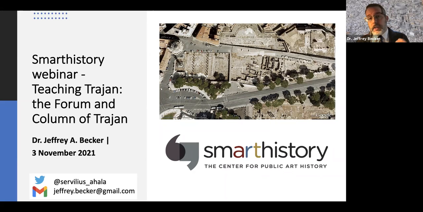And we also, especially in the case of things like the Forum and Column of Trajan, have to be cognizant of the afterlives of these objects and the parts and roles that they have played in shaping, for instance, our views of the past, in creating our own material culture and influencing our own strategies with respect to, for example, monumentality and strategies of commemoration.